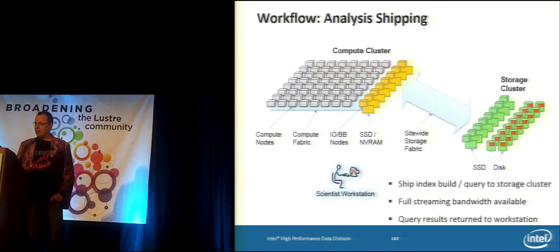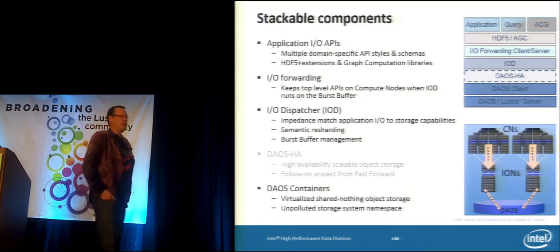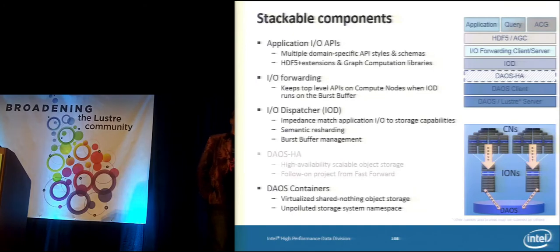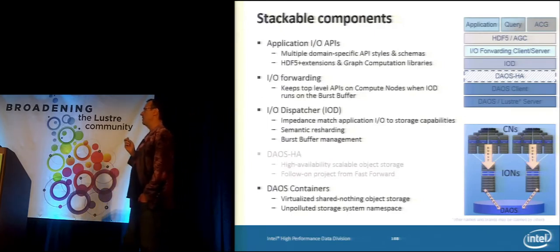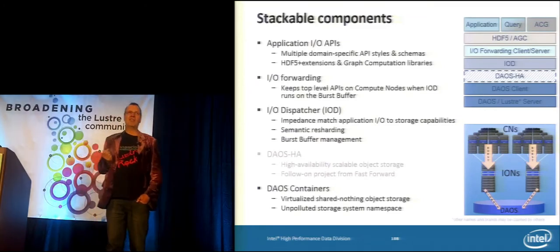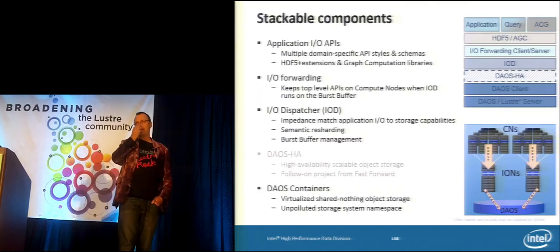So when you look at these different ways of using the file system, it's very tempting to come up with the idea that the file system needs to be able to run application plugins all over the place. The problem with that is that you're doing resource sharing and running unpredictable application code all over the place.